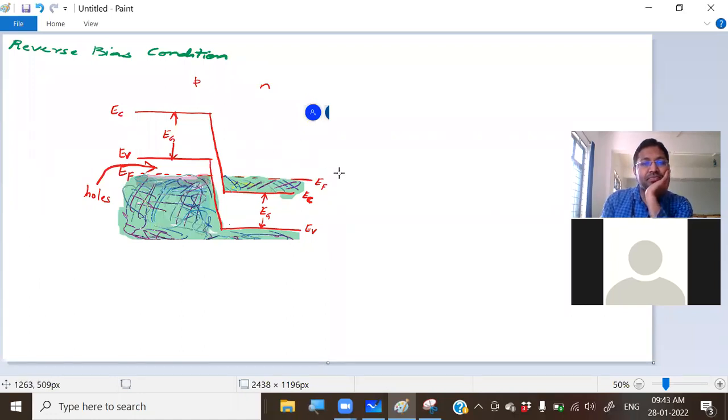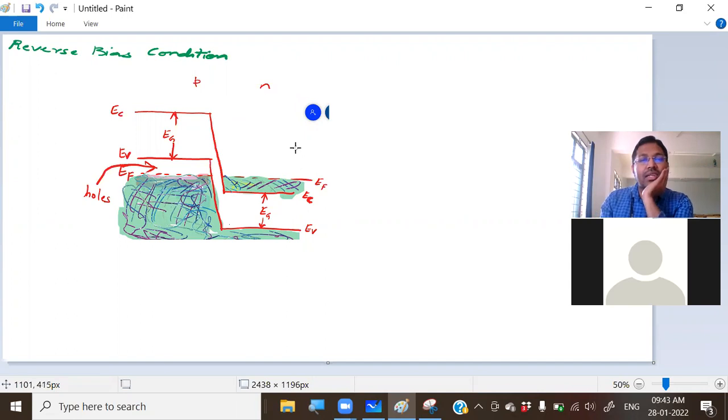See, electrons already have negative charge. To negative, if you give negative, the energy goes high. But when we give the opposite, that is, for the N side when we give positive voltage, which is reverse biased, then the energy levels will simply shift downward.